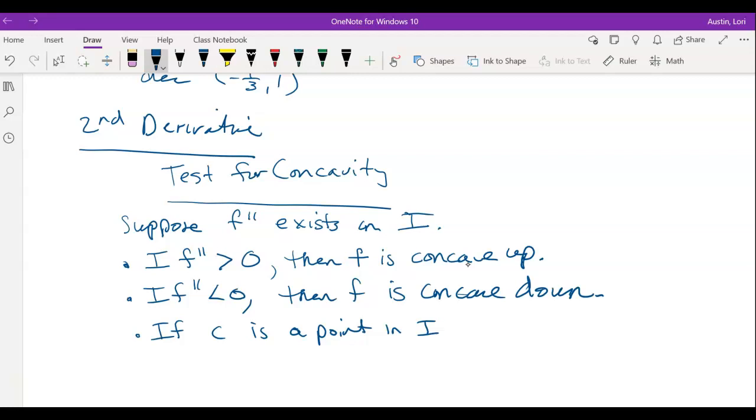Isn't that an increasing function? But it's what? Concave down, correct? What's happening from C to B? What's my function doing? Now it's decreasing, but it's still what? Okay, that's concave down, that's concave down.